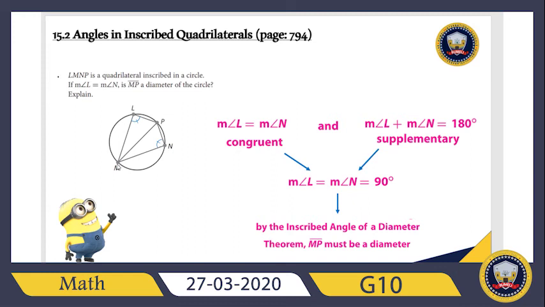How can I prove that this is a kite? Look, the definition of the kite says that two consecutive sides, like this, LP and PN, will be congruent, and another pair from the other side, which is LM and MN, are congruent. How can I prove that LM and MN are congruent? I will look at these two triangles here.